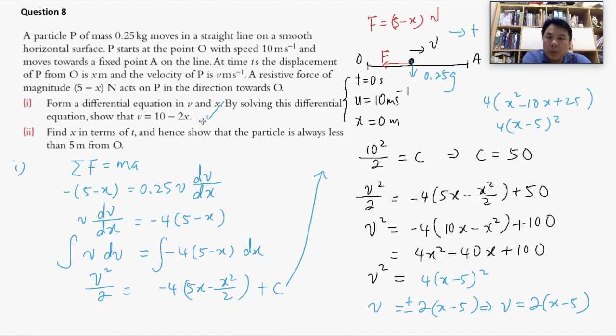In this case, we are supposed to have negative velocity from the equation we are asked to show. Let me see if I did anything wrong here. x minus 5 is a positive 2(x - 5).